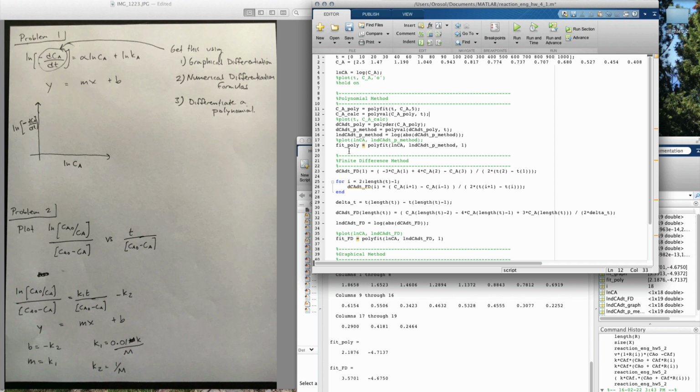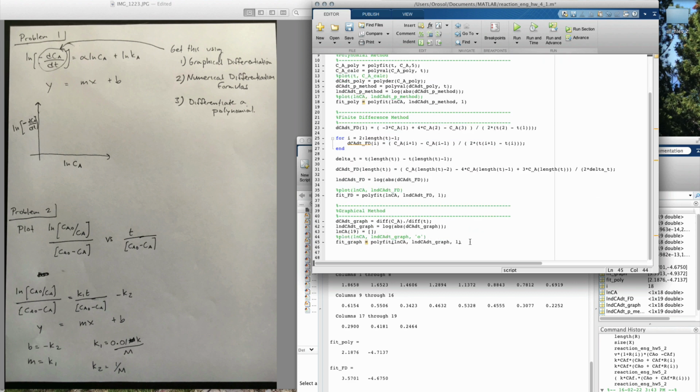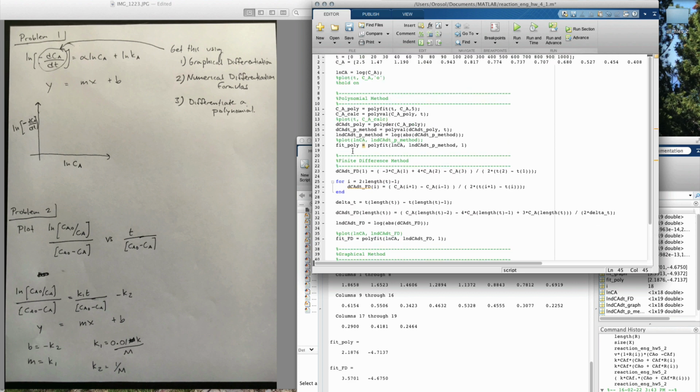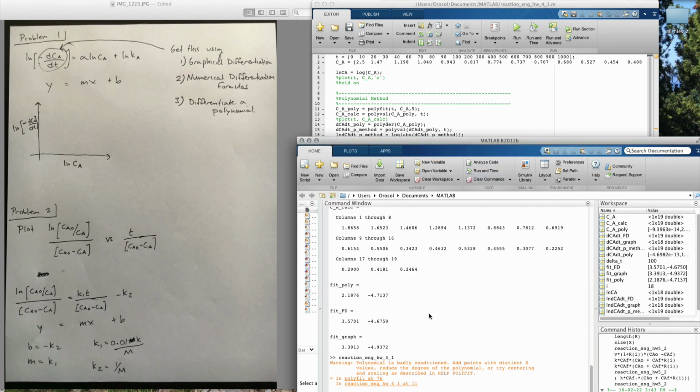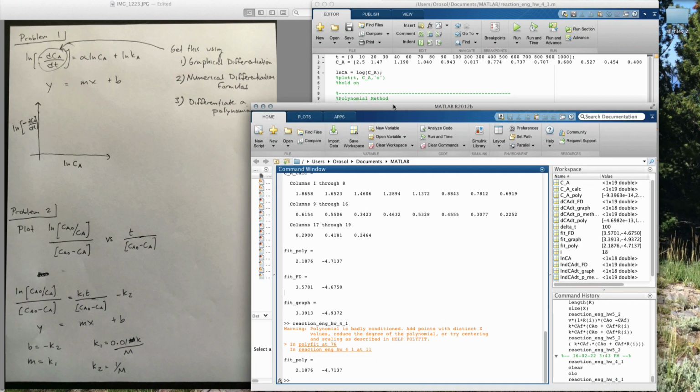So this polyfit should be this equation that it gives you. I'll comment out these others real quick. If I run this again, you can see it's telling me it's badly conditioned, which I already know.